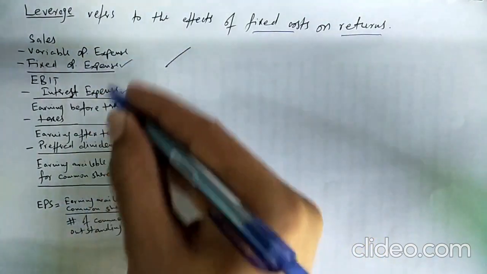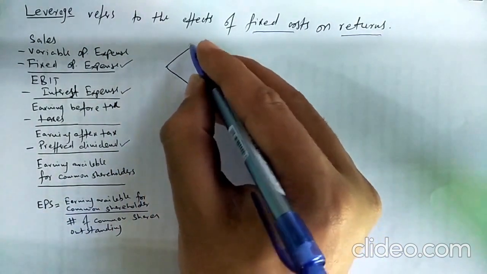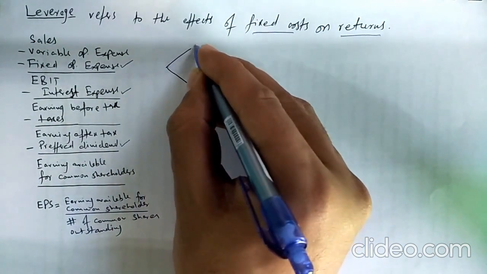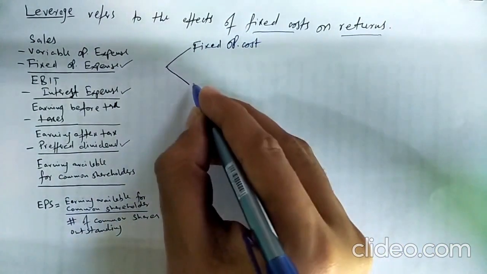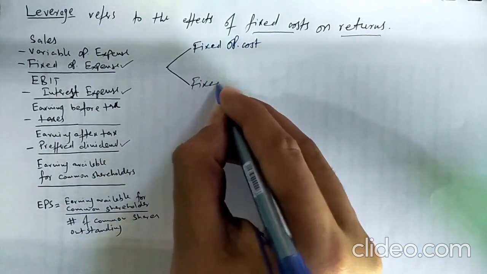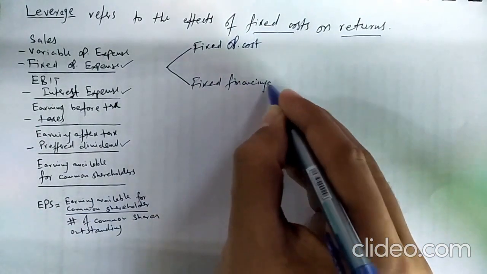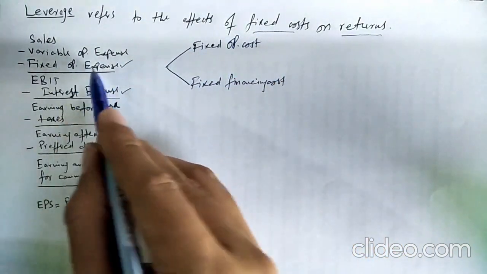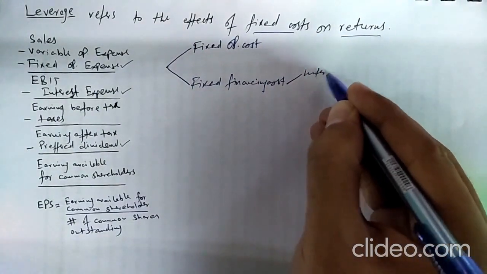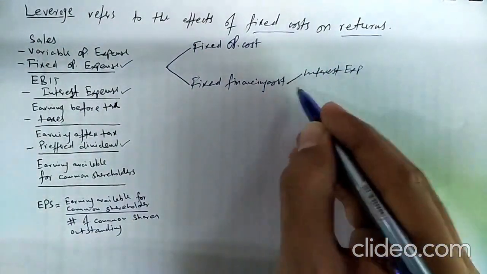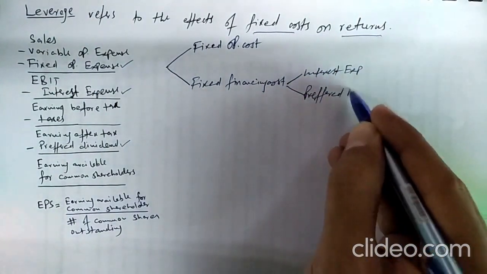On the basis of these three fixed expenses, we can categorize them into two categories. First is fixed operating cost, and second is fixed financing cost. In fixed financing cost there are two categories: one is interest expense and the other is preferred dividend.